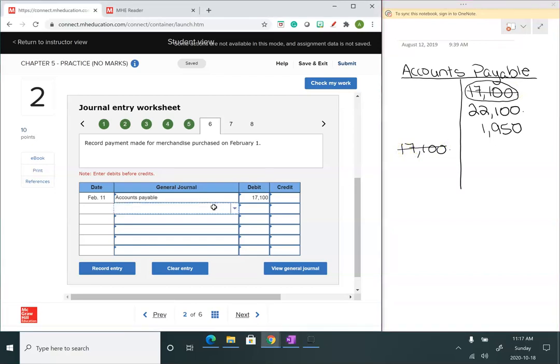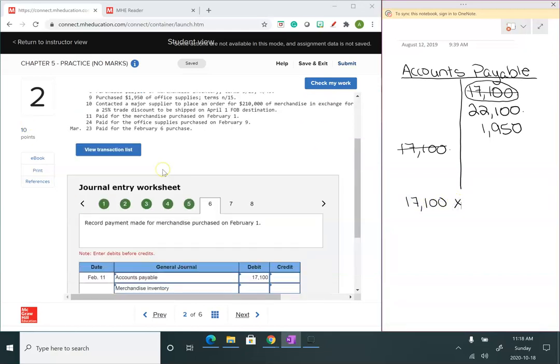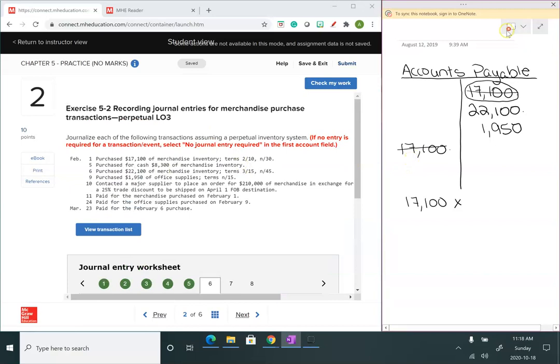The next thing that I want to do is record the discount. So in this case, when we're dealing with our inventory accounts or things that you purchase, we're actually going to put the discount into the inventory account instead of recording a discount on the income statement. So that's another mistake I see people make. So if we just do 17,100 and multiply that by our discount, which was 2%, let's see what that gives me.